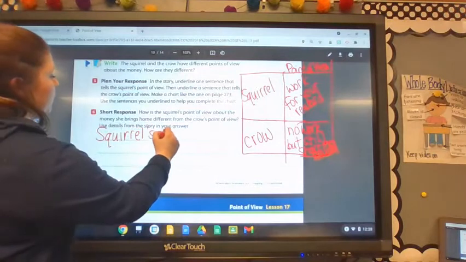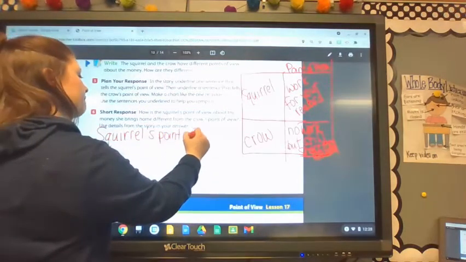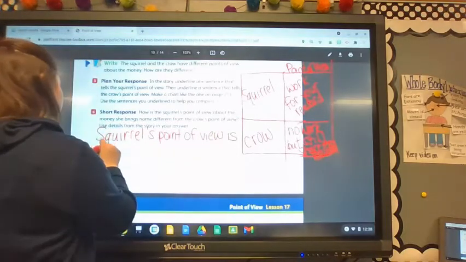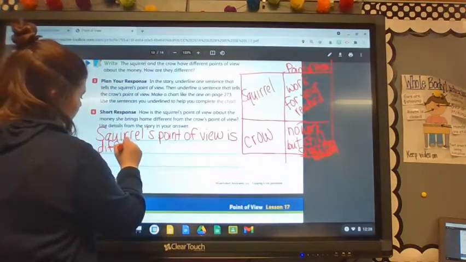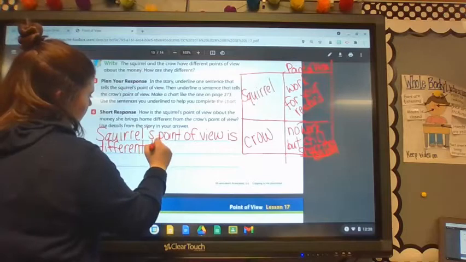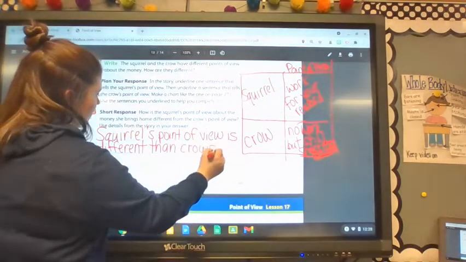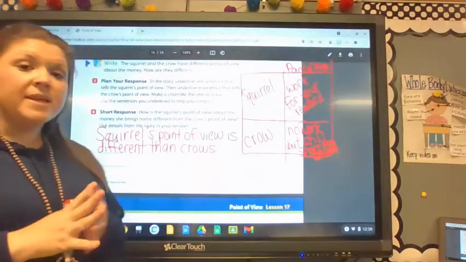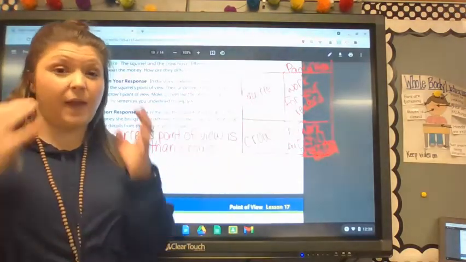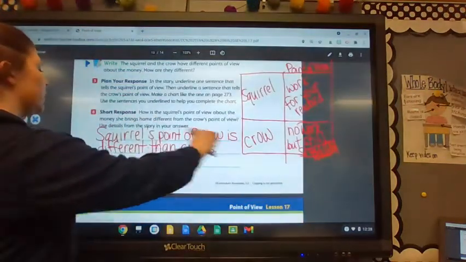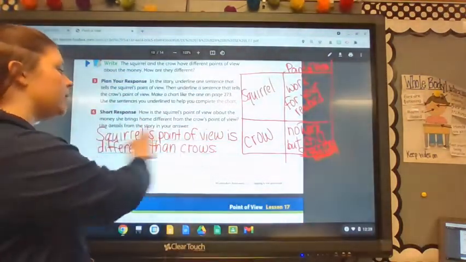Squirrel's point of view is different than crow's. All right. Now we need to answer that question, okay? So we've restated it.